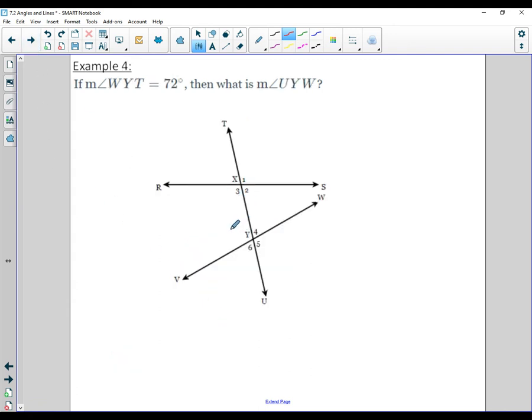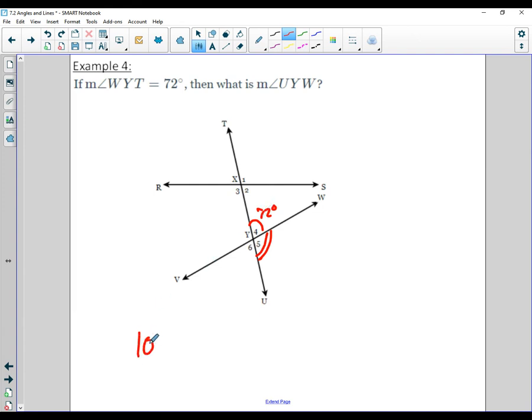Angle 4, if WYT is 72 degrees, so angle WYT, that's going to be angle 4 here, is 72 degrees. What is angle UYW? UYW, so this angle here. Well, again, if this is 72 degrees, how do I make 180 degrees?